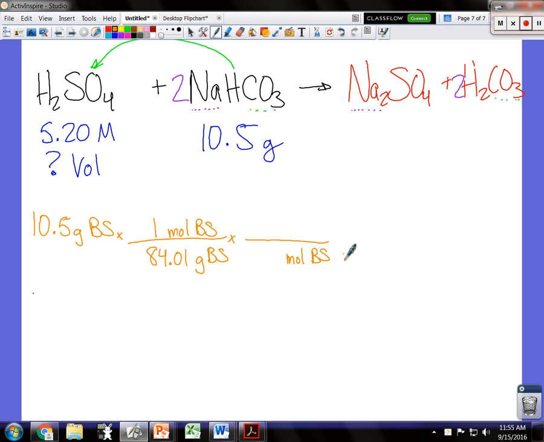True or false? True. So because of that fact, I know that I have to get from baking soda to sulfuric acid through what step? Mole to mole. So I'm going to write SA for sulfuric acid. Again, on the real day, please write the real formulas. We're just going to brief shorthand it for today. Yes, sir. Okay. Now, my question to you is, what is your mole to mole ratio top to bottom?